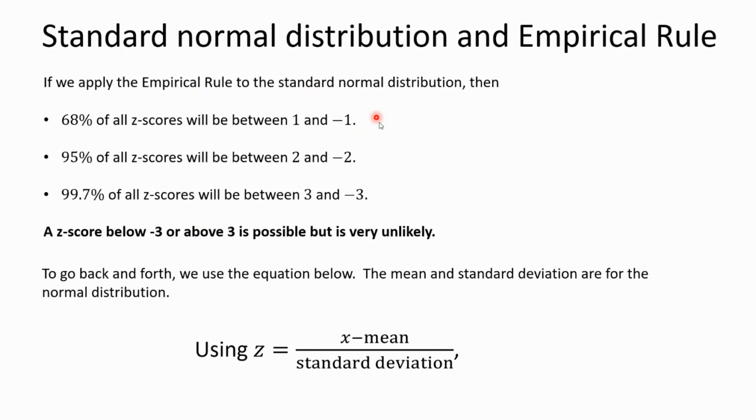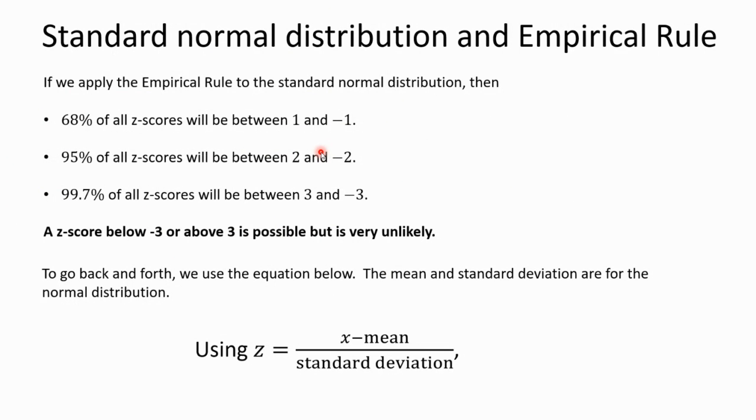In the standard normal distribution, the standard deviation is 1 and the mean is 0, so 68% of all the data values are between 1 and -1. 95% are between 2 and -2. 99.7% are between 3 and -3.